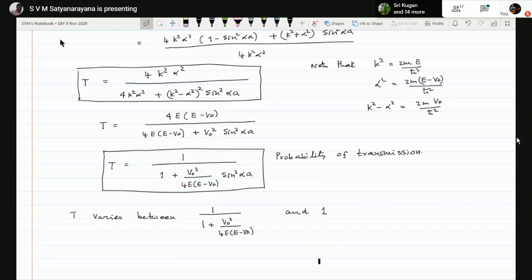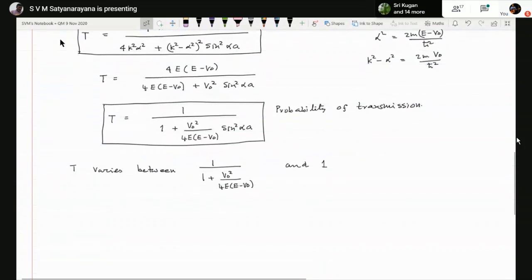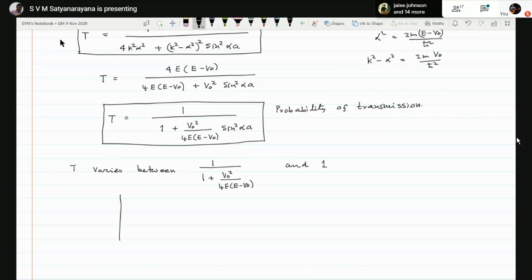Okay. So if you are actually trying to vary this alpha a, let's say that we are going to plot alpha into a on the x-axis and T on the y-axis.